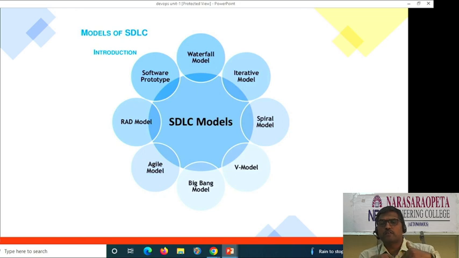It flows from top to bottom, from planning through all the phases to post implementation. From one phase to the next, they have to do it as a process, which is why it is called a waterfall model. Okay, thank you. In the next class I will come to the different types of waterfall SDLC models.